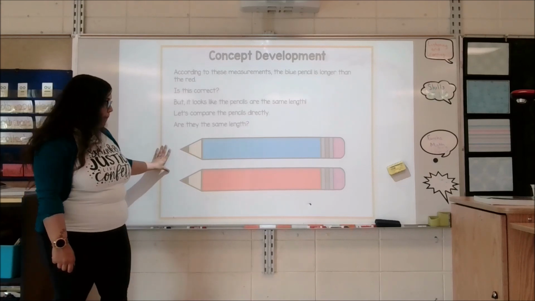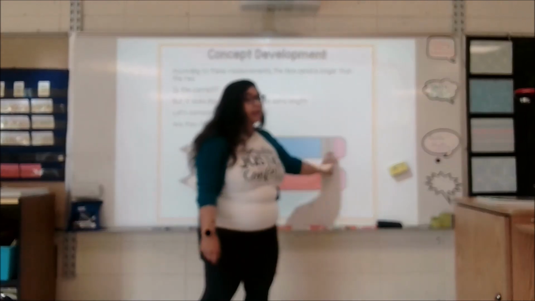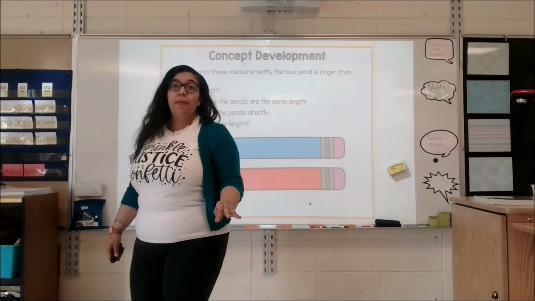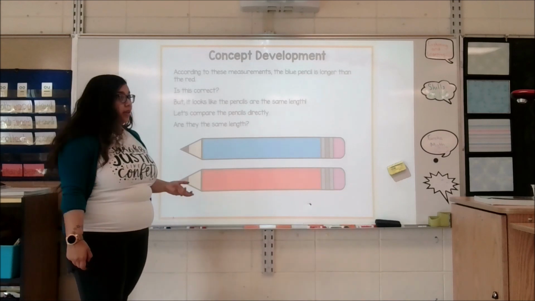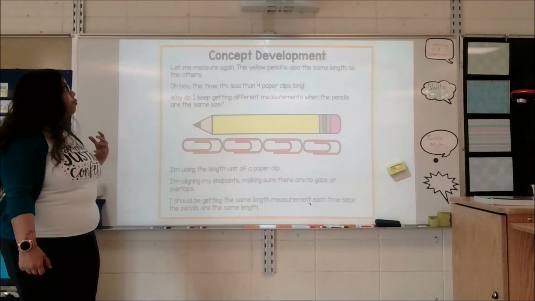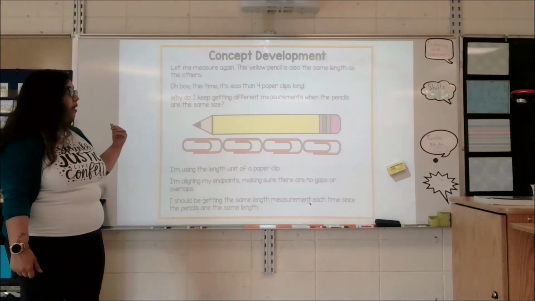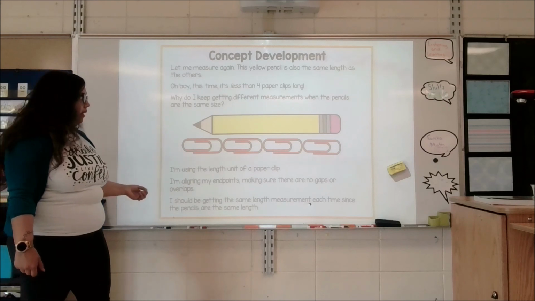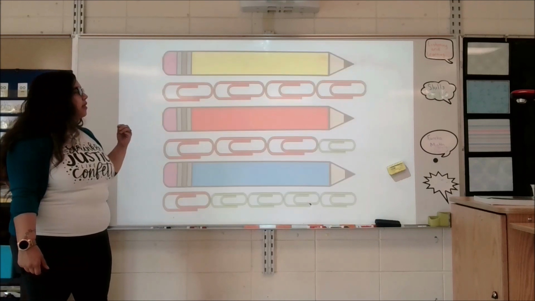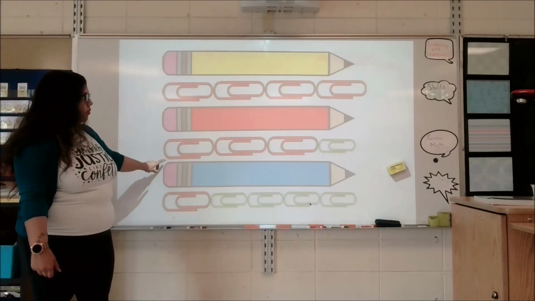Because look at that when you compare them directly, they're clearly the same length. So it's not the pencils, it has to be my paper clips some kind of way. Well, the problem is the paper clips are jumbled up.